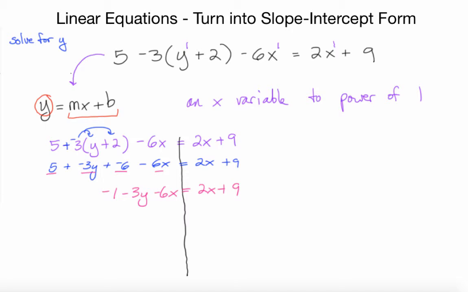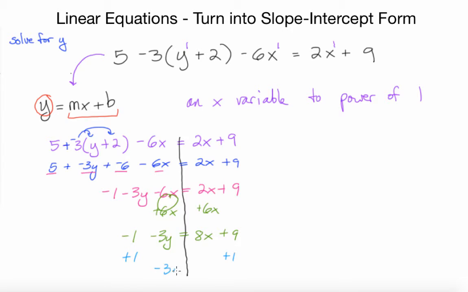Now let's combine x's. I'm going to add 6x to both sides. That goes to 0, so now we got negative 1 minus 3y equals 8x plus 9. Let's add 1 to both sides.